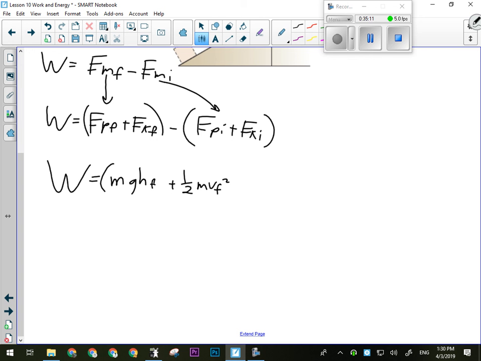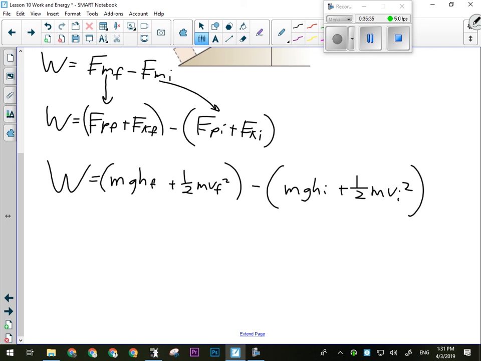All right, so still the same thing, but I put in the formulas for each of these energy types. And I'm going to subtract the initials. So m times g times h initial plus 1/2 mv initial squared. Height. All right, so here's my final formula.